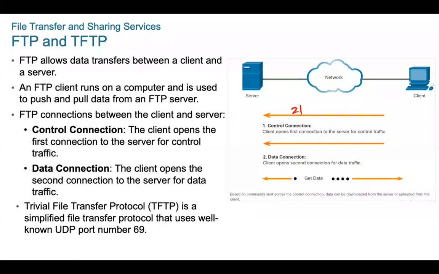The client then establishes the second connection, which we call the data connection, to the server for the actual data transfer using TCP port number 20. So FTP connection establishment uses port number 21, and the actual data transfer between client and server uses TCP port number 20.